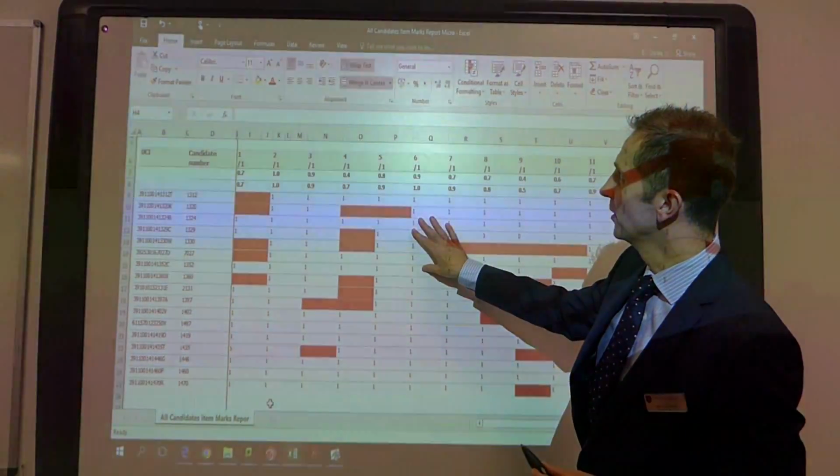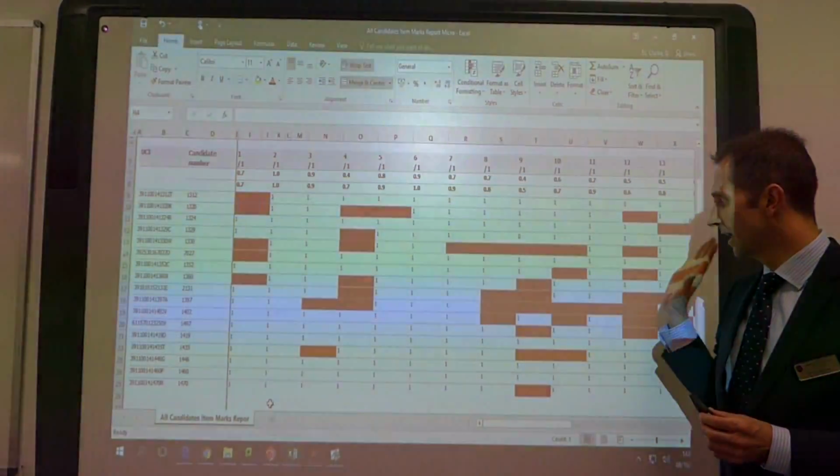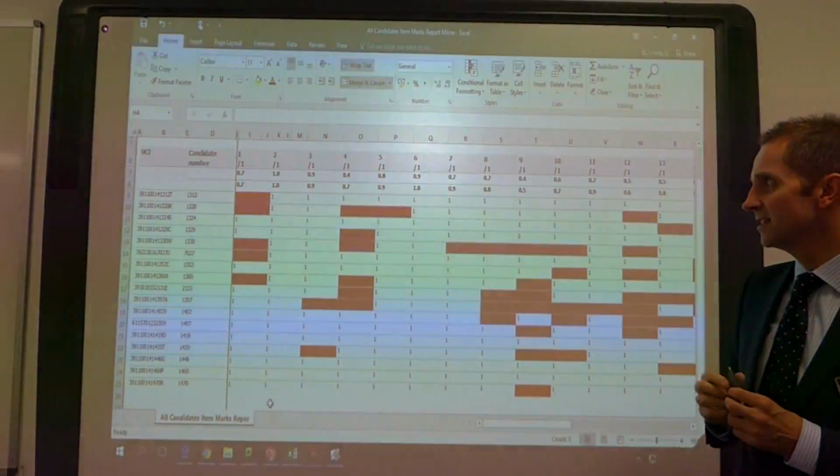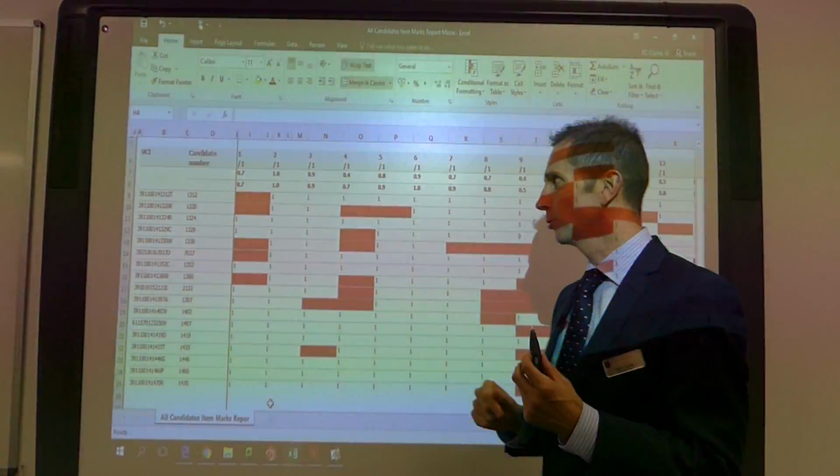So this, for example, is the micro report, and where it's highlighted in red, this is an indication of where the candidate has obviously got the question incorrect.